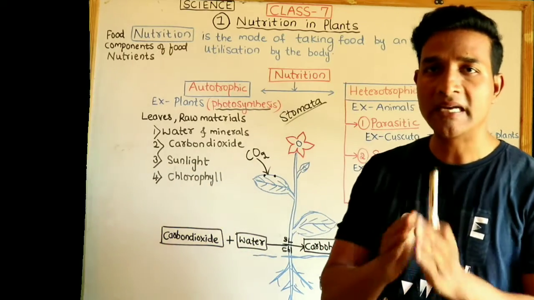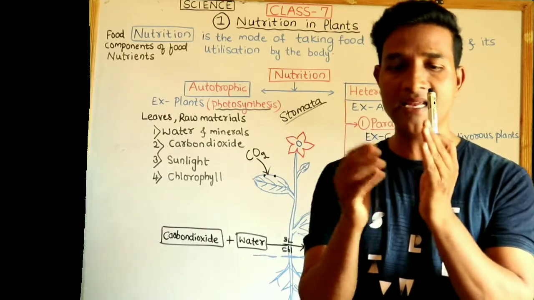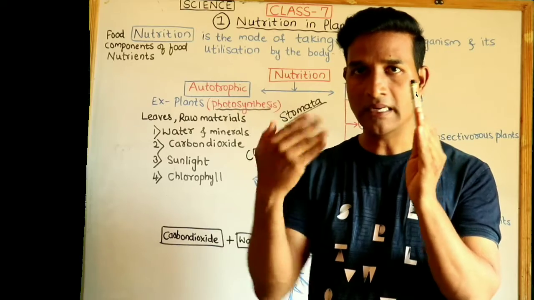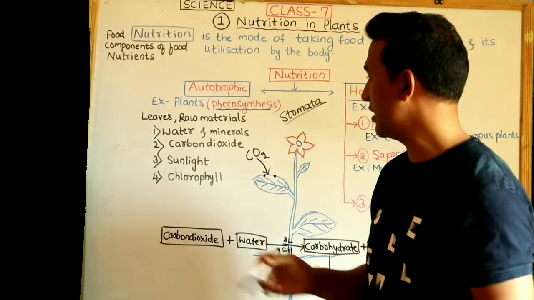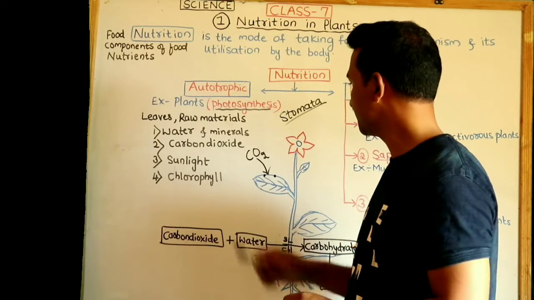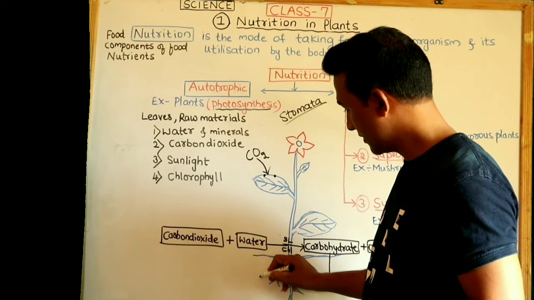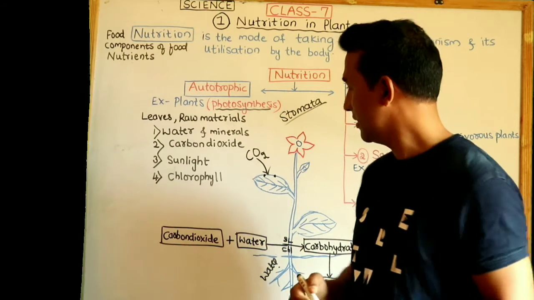Stomata open and close. This opening and closing is done by guard cells. There are two guard cells. When they open, carbon dioxide enters inside. When they close, carbon dioxide will not enter inside.